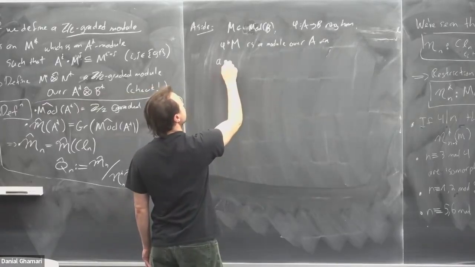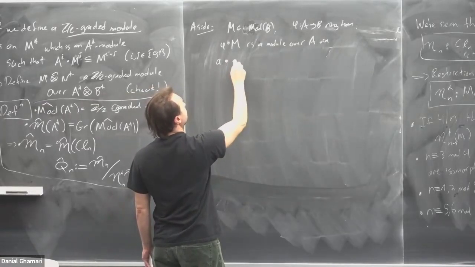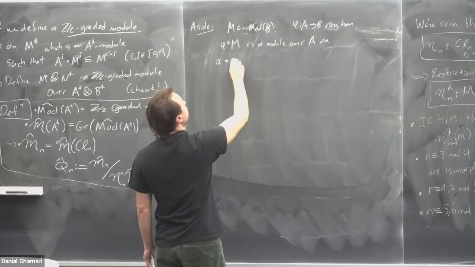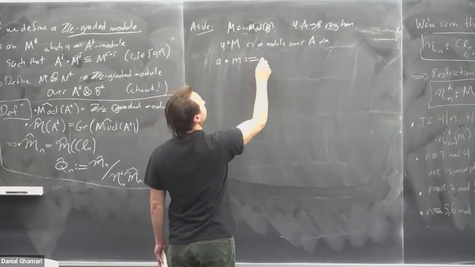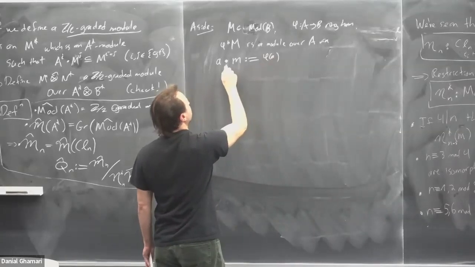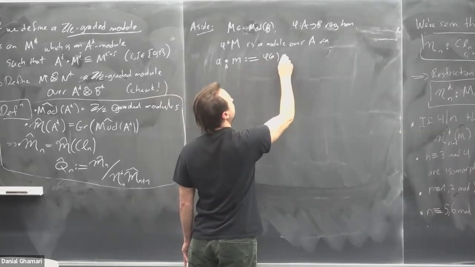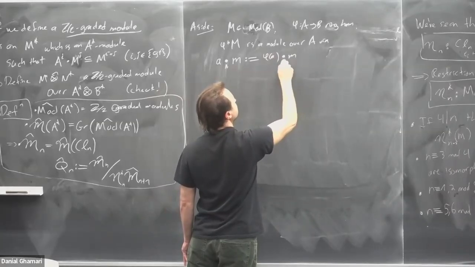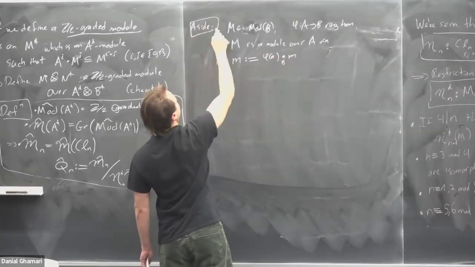Your element A is acting on element M by letting it act as phi of A on M as the original B module. Okay. Yeah.